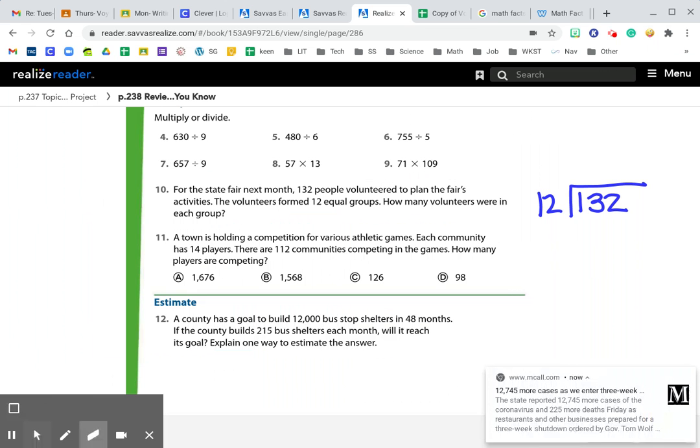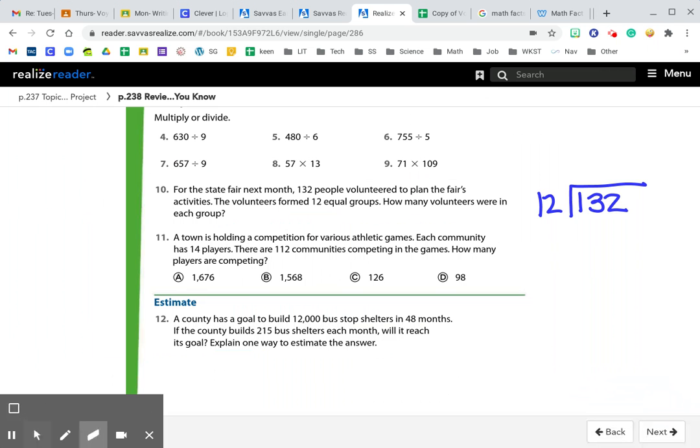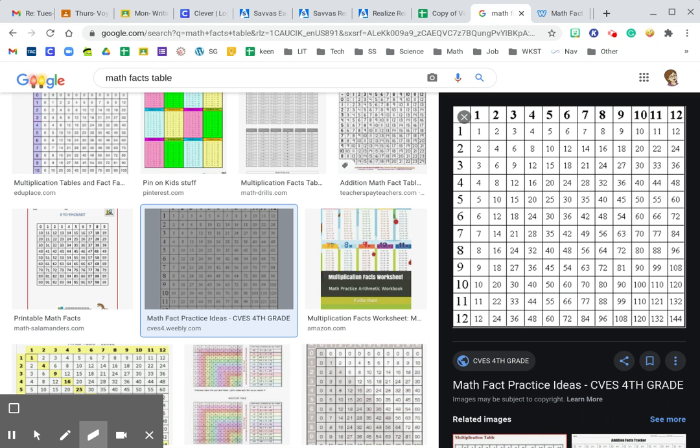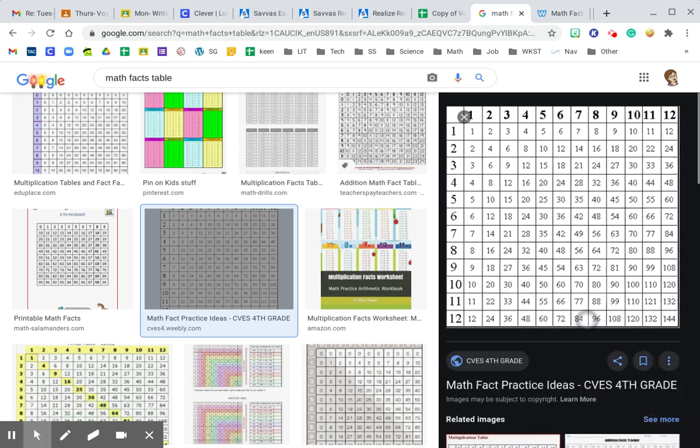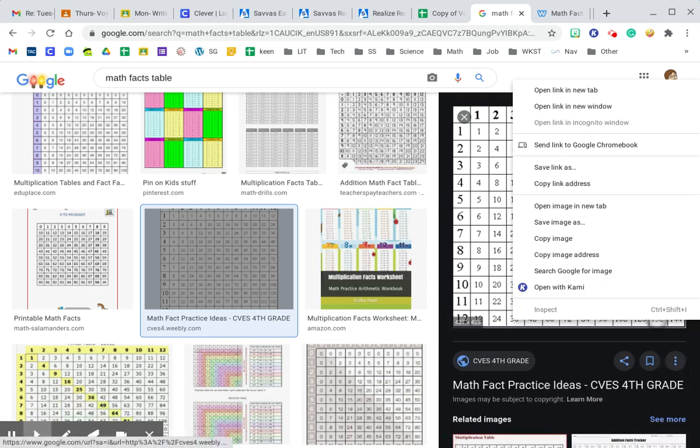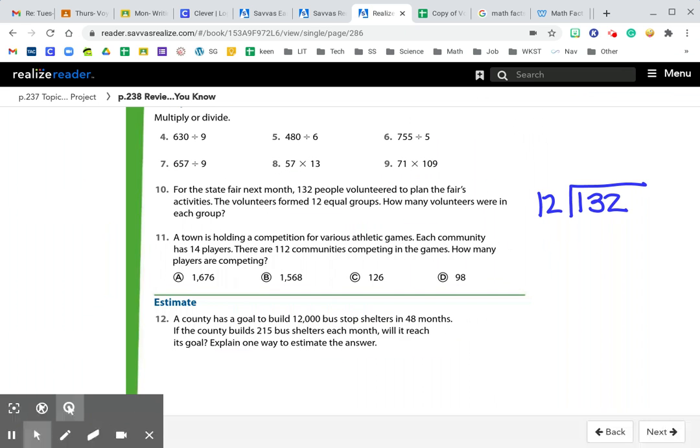Okay, so 12 goes into 132. If I'm using my chart, I look at the 12, and I'm going to go across until I get to 132, and there I am, and I look up, and it is 11. So 12 goes into 132 11 times. So I have 11 people in each group.